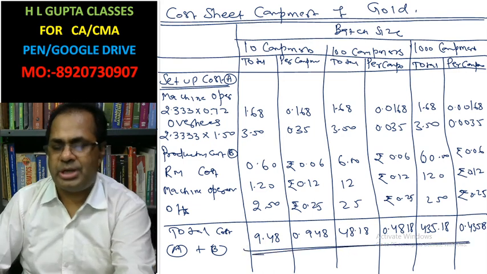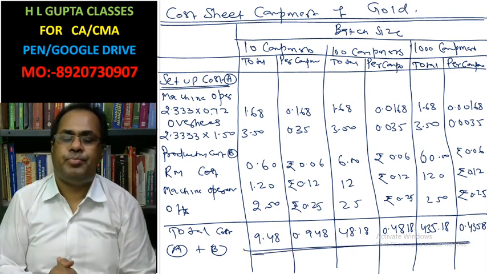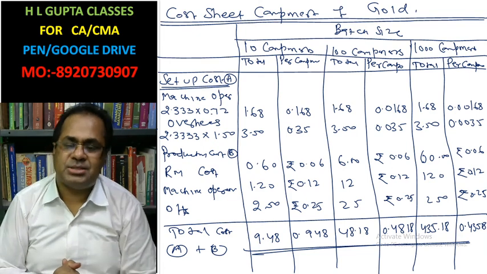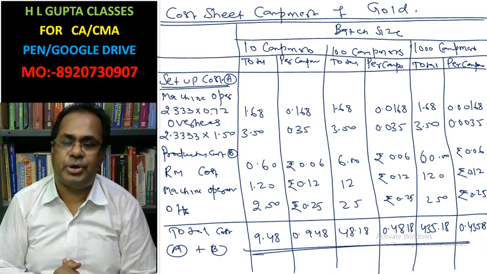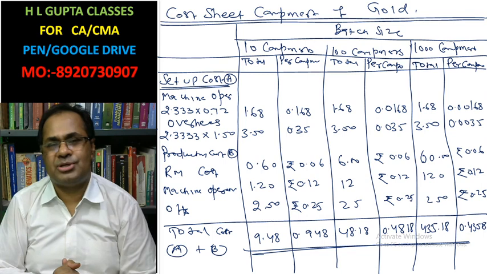In this way we have calculated the per component cost as well as the total cost for 10, 100 and 1000 components.